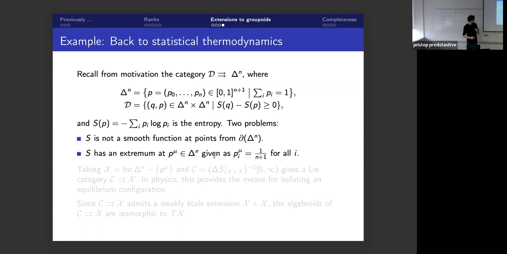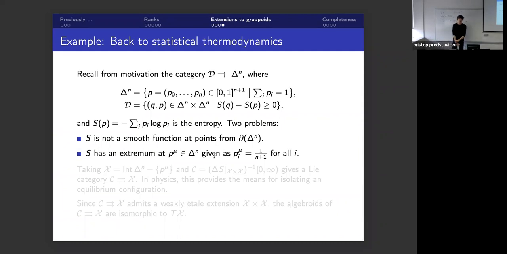Another problem which prevents us from saying D is a smooth manifold is that S has an extremum at P mu, as I denoted it. So what is P mu? Well, it's defined as the P_i's all being equal. This corresponds to the configuration that has all of these probabilities the same.